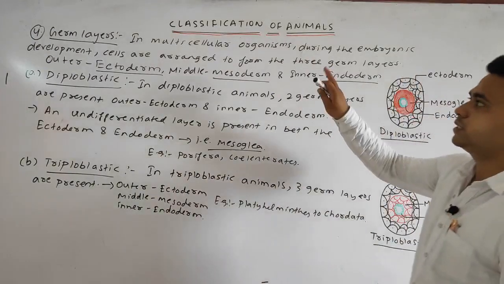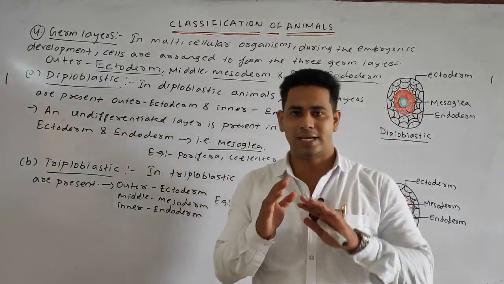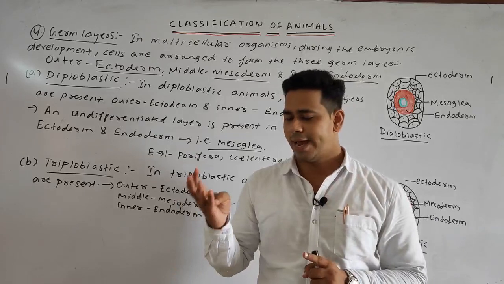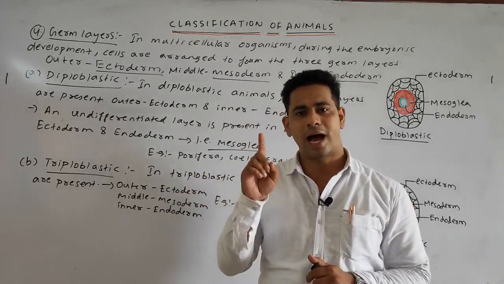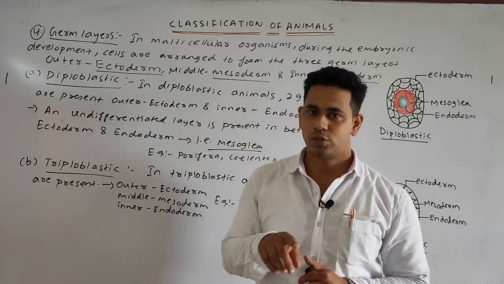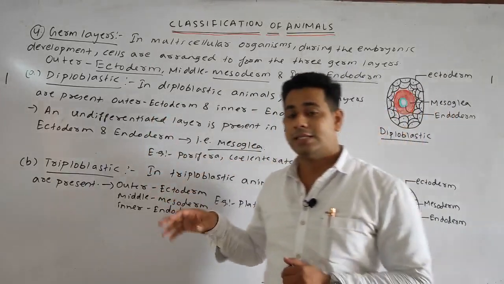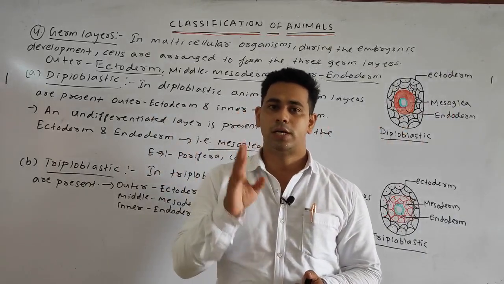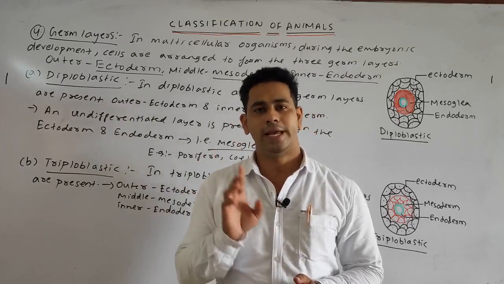So germ layers we discussed: in multicellular organisms, during embryonic development, the cells are arranged to form the germ layers. It is of three types: ectoderm, endoderm, mesoderm. The organisms in which two germ layers are present, outer ectoderm and inner endoderm, are called diploblastic. Examples are Porifera and Coelenterata. Whereas organisms in which three germ layers are present are called triploblastic: outer ectoderm, middle mesoderm, inner endoderm.